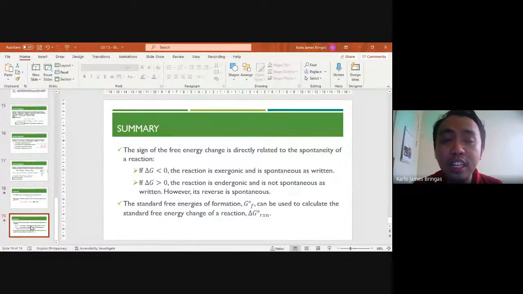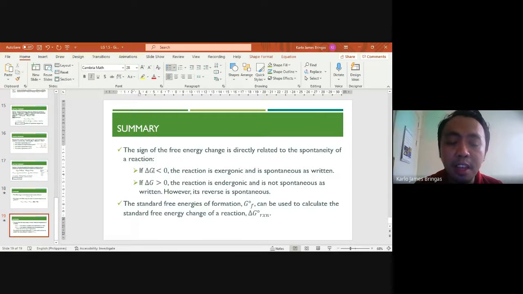Now our delta G enables us to predict whether a process is spontaneous or not just by simply looking at what's going on with the system. Unlike with the entropy change na, you have to look at what's happening sa system and the surroundings together. In here, you only need to look at the delta G change ng system.